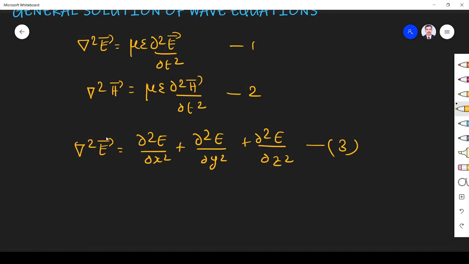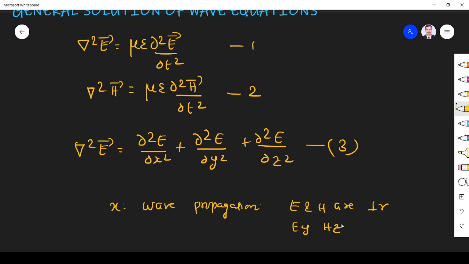Let us assume that our wave is propagating in the x direction, and E and H are perpendicular, that is E in the y direction and H in the z direction.